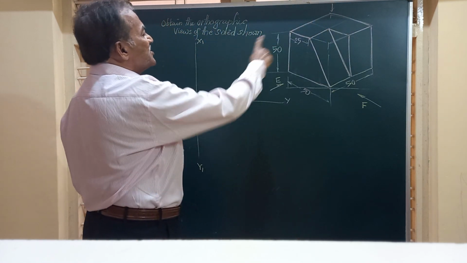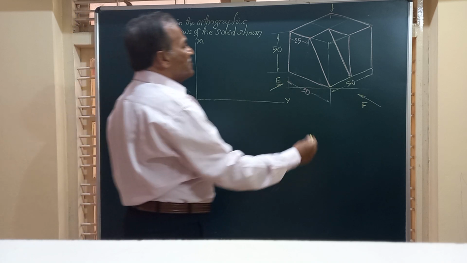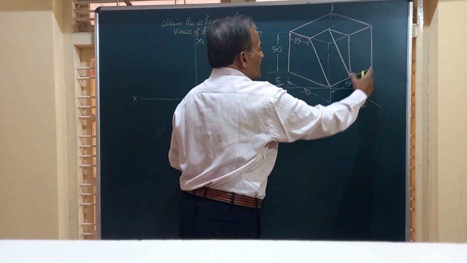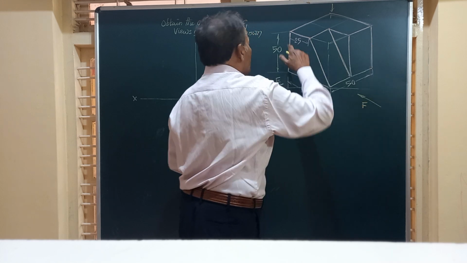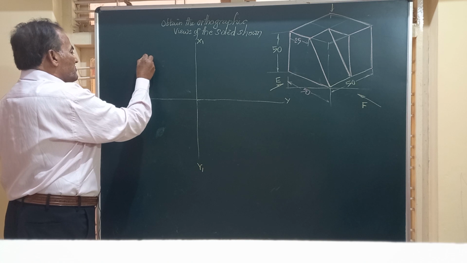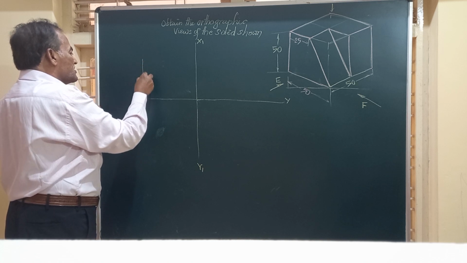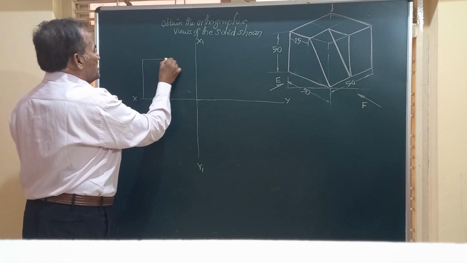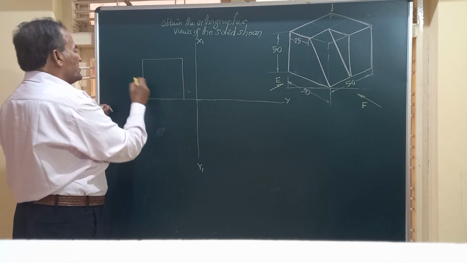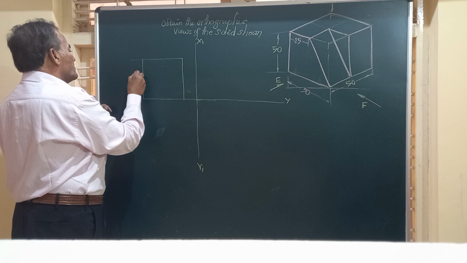Friends, since it is cubical in nature, in the front view, I am going to draw a square of dimension 50 by 50. So here I have drawn the XY line and made a square of dimension 50 by 50. So this is 50 and the height is also 50.